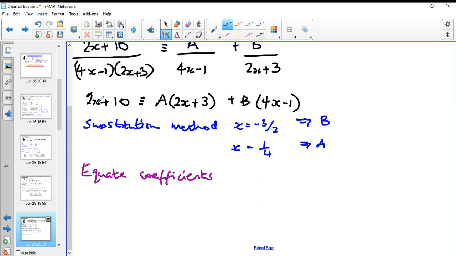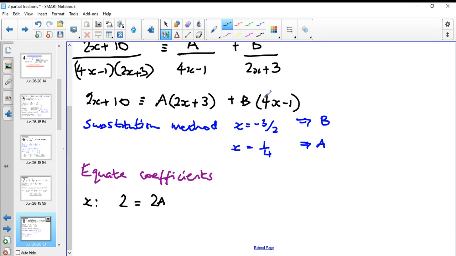The coefficient of x on this side of the equals must be equal to the coefficient of x on that side of the equals. So if I equate the x coefficients, then on this side of the equals, there's 2 of them. On this side of the equals, well, here, we multiply that out, there's 2a lots of x there. So the coefficient of x is 2a.